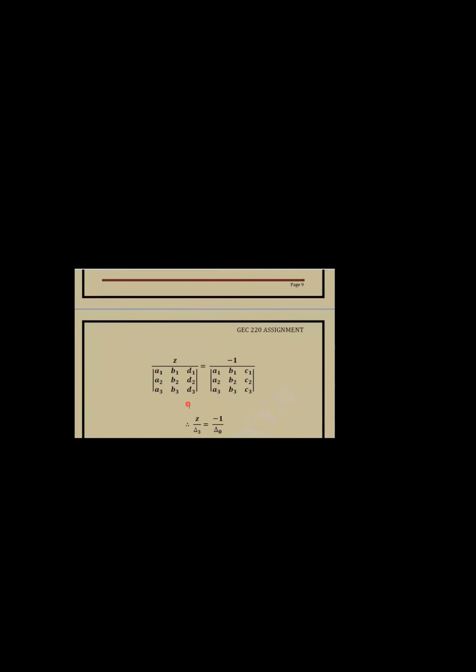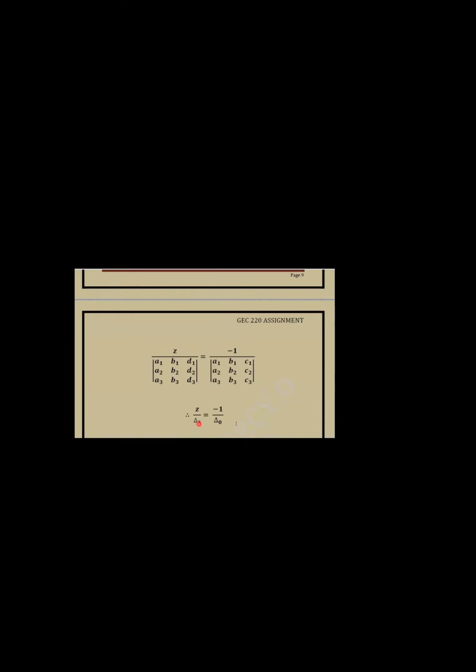If you notice, after cross multiplying, we have z to be over this and minus 1 to be over this. And thankfully, the denominator here is the same as change in 3, and the denominator here is the same as change in 0.